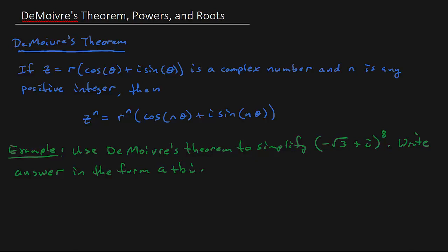So we've got DeMoivre's theorem. It says if z is equal to r times cosine theta plus i sine theta is a complex number and n is any positive integer, then z to the n is equal to r to the n times cosine of n theta plus i sine n theta.